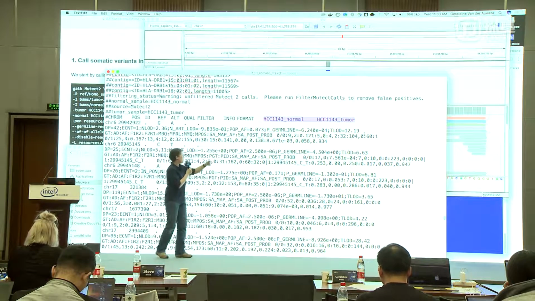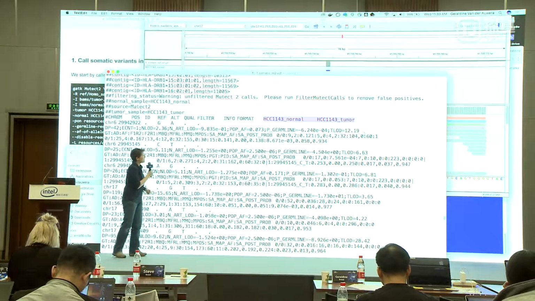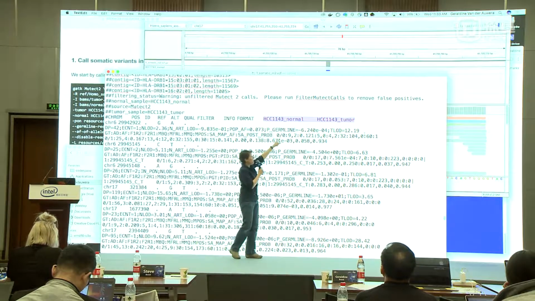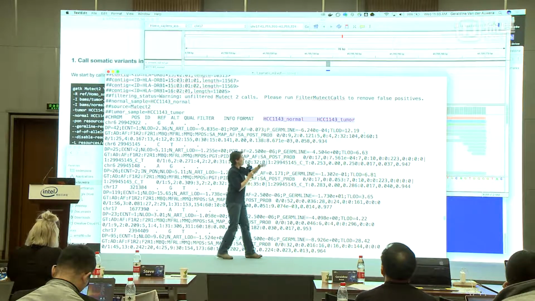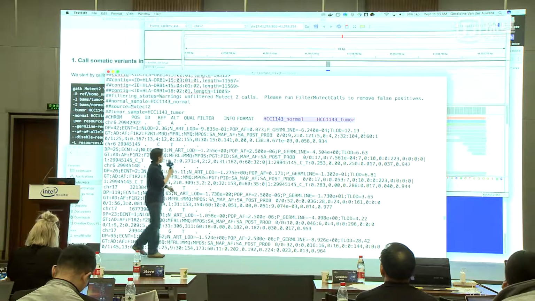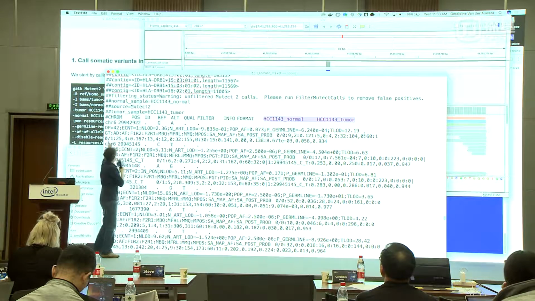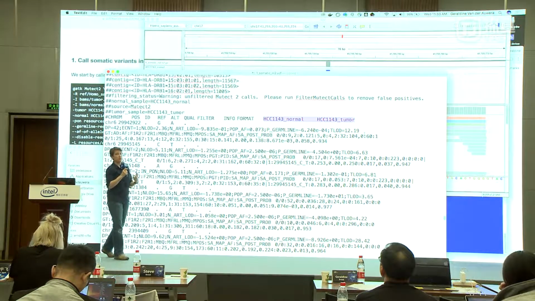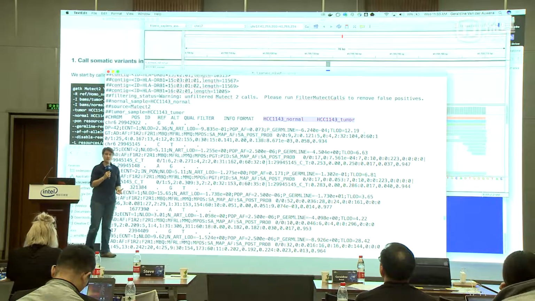And for each of those, you will have a genotype that is given. So the first one that is listed over here is normal, so it's been genotyped as 0/0, so it's hom ref in the normal. And then I have a 0/1 genotype in the tumor.